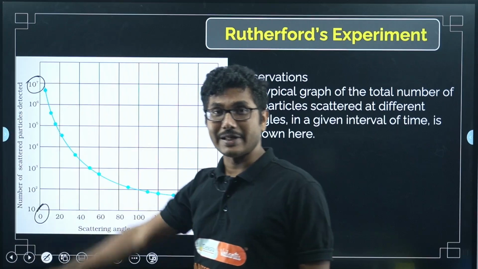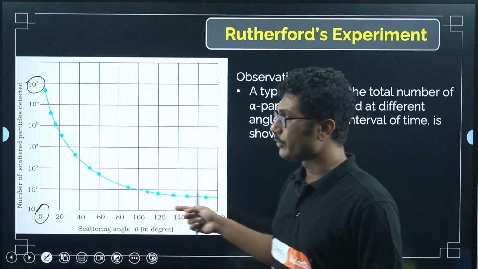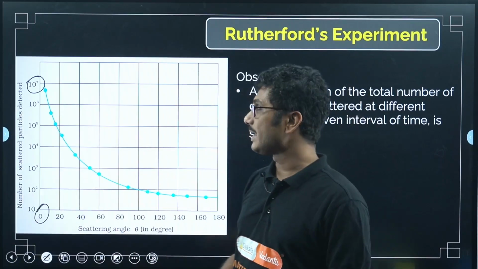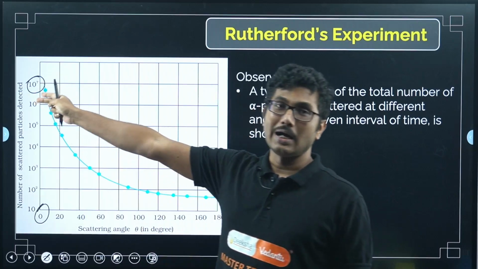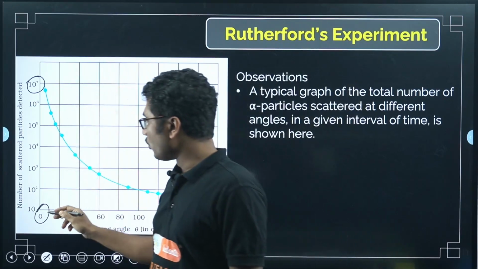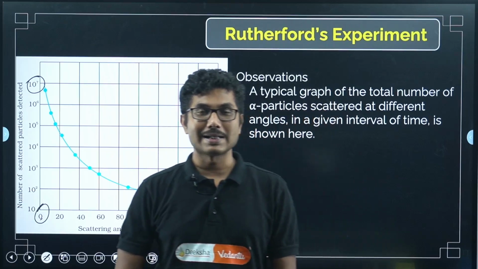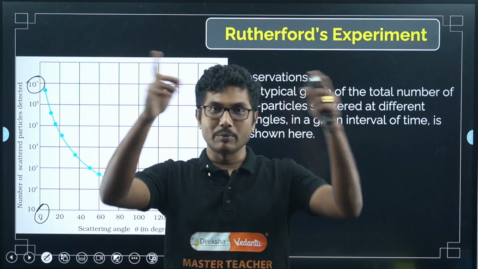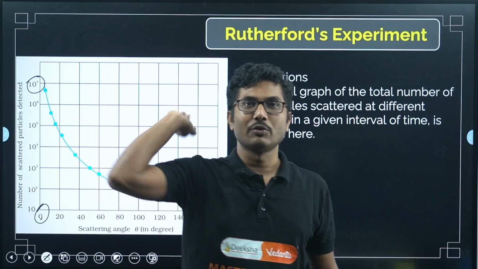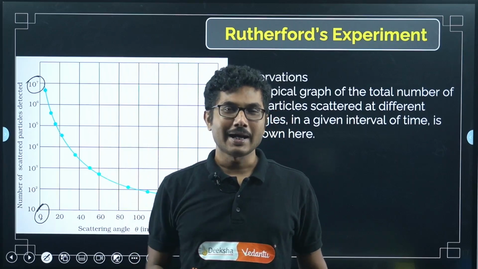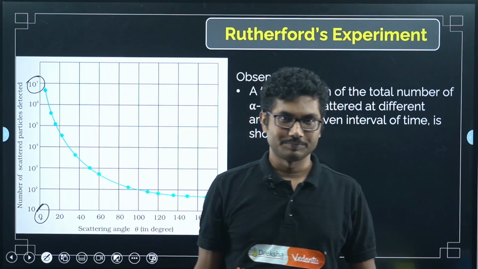From this graph you can see that if you throw around 10 to the power of 8 alpha particles, about 90% of them go with zero deflection. They are not deflecting at all. What is the meaning of that? You have a wall and you are throwing a ball, and instead of coming back, the ball passes through the wall.